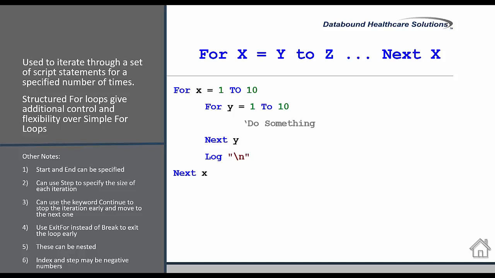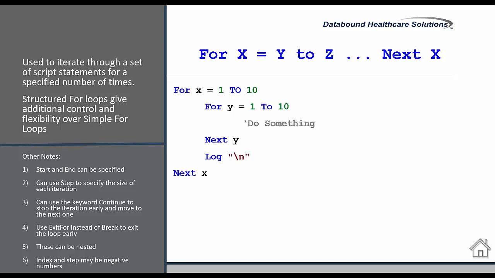Next, we can use the continue keyword within this iteration. We'll talk about continue as well because that's something that's useful for algorithms. You use the exit for in this instead of the break command. So earlier we said for simple for loops, we can use break. For structured for loops, we would use exit for.